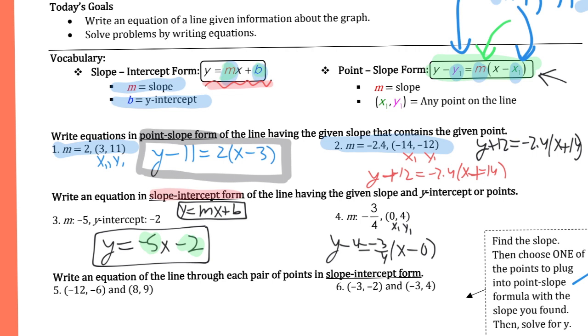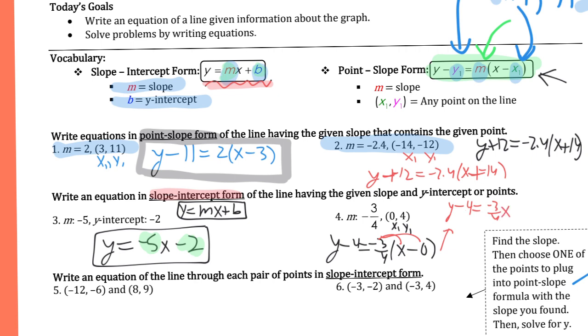And so to get y equals mx plus b, we have to solve this equation for y. So let's distribute right here. Actually, I lied. Let me erase this real quick. Here we go. So y minus 4 equals, and if I distribute the negative 3/4 to x, I get negative 3/4 x.